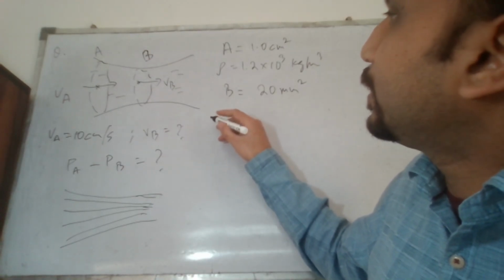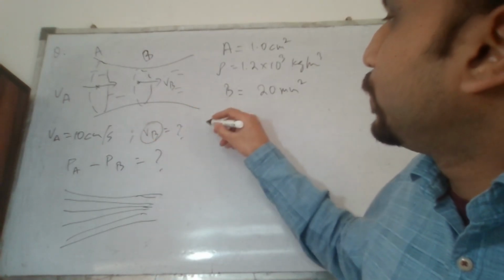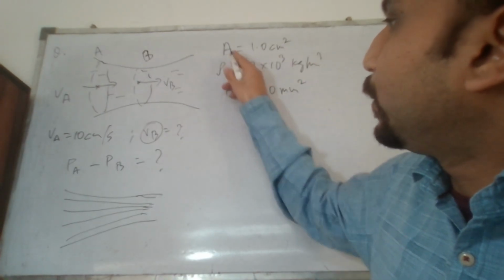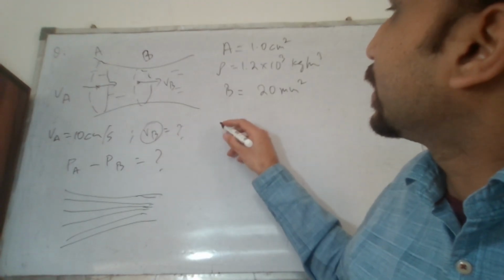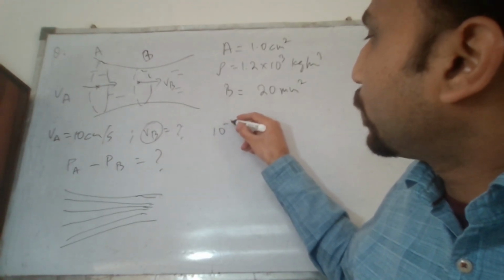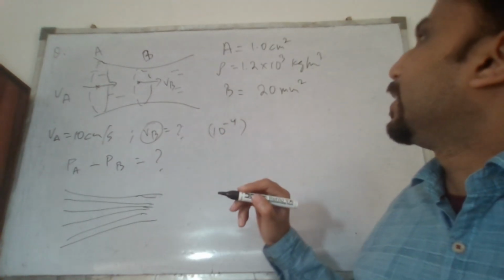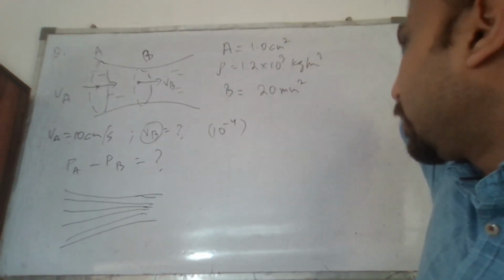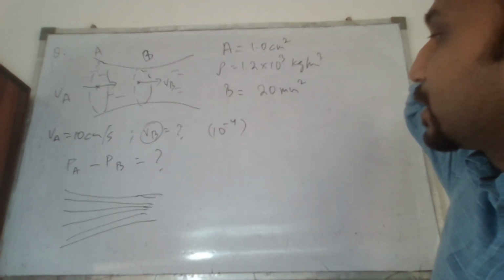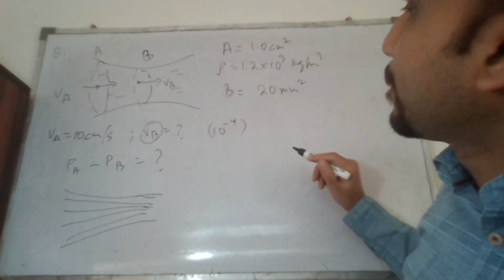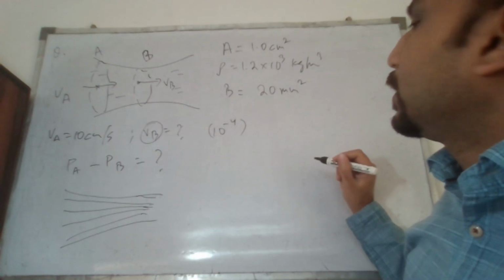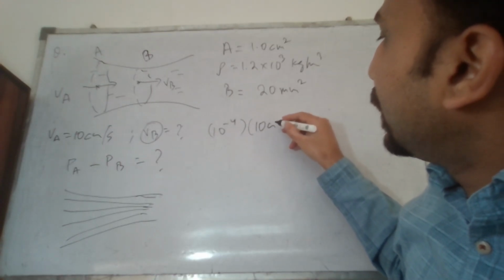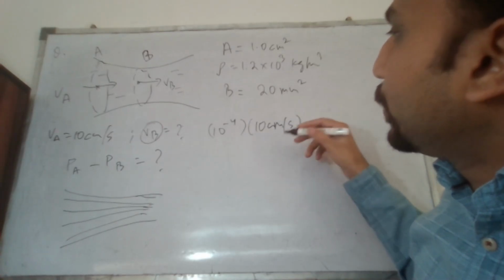Next we'll try to find what is VB. So this is 1 centimeter square into the corresponding velocity at A. This is (10 to the power minus 2) squared, which is 10 to the power minus 4, into 10 centimeters per second. Let us take that in centimeters per second only.